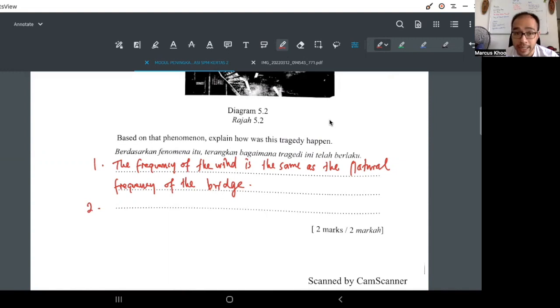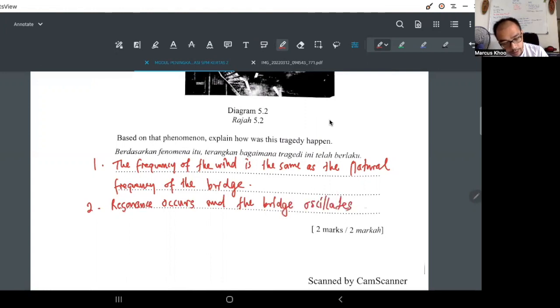First point: the frequency of the wind is the same as the natural frequency of the bridge. The second point: resonance occurs and the bridge oscillates with maximum amplitude.